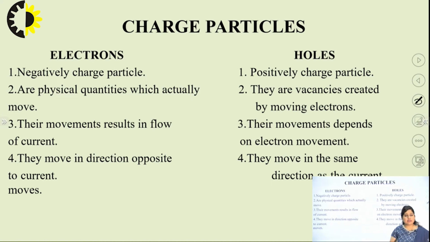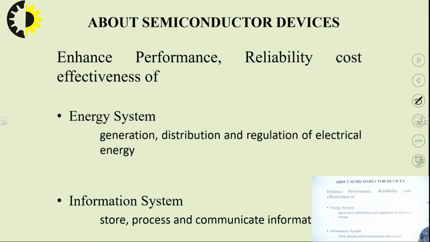Their movement results in the flow of current; hole movement depends upon electron movement. Electrons move in the opposite direction of the current, while holes move in the same direction as the current. So these are the basic differences between electrons and holes.